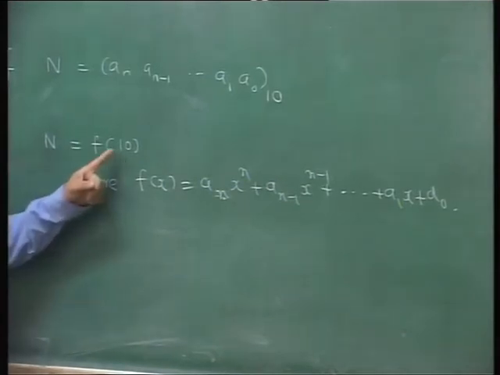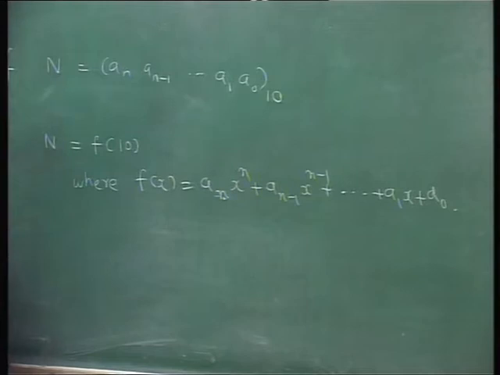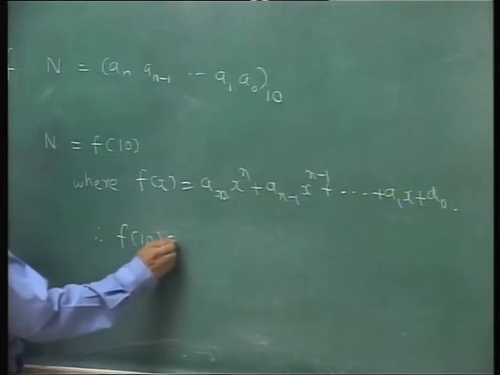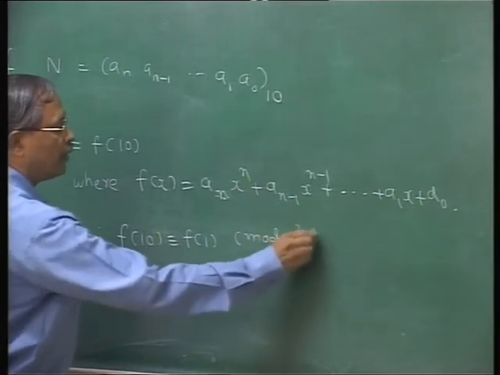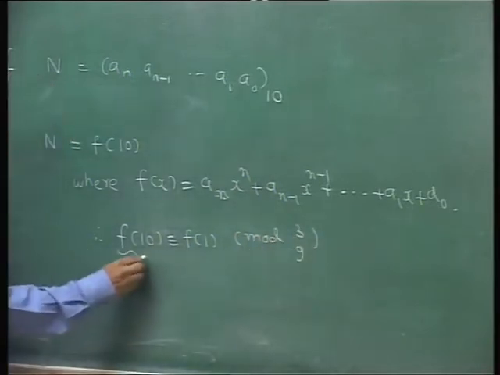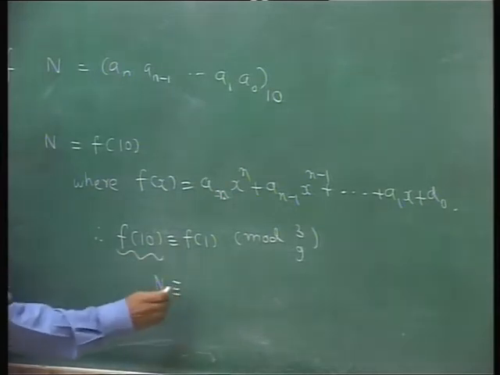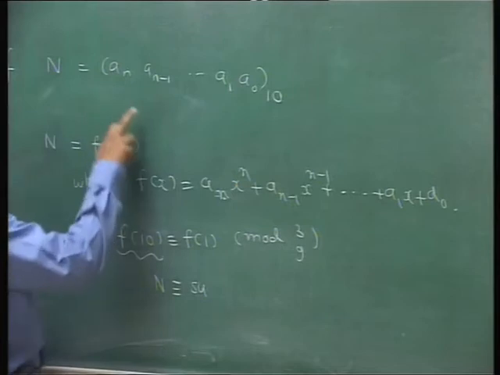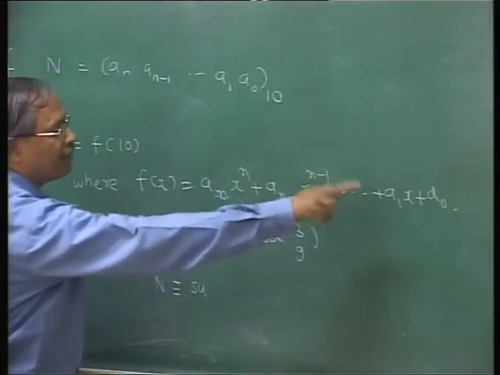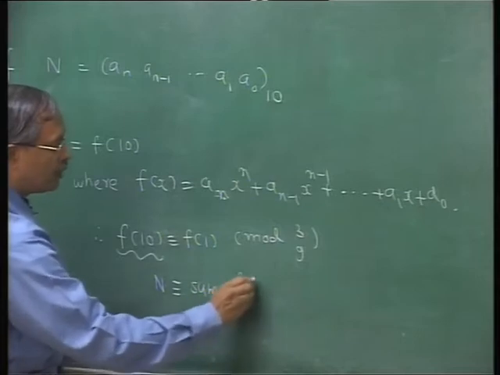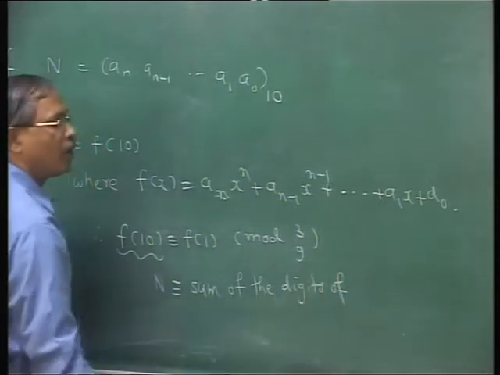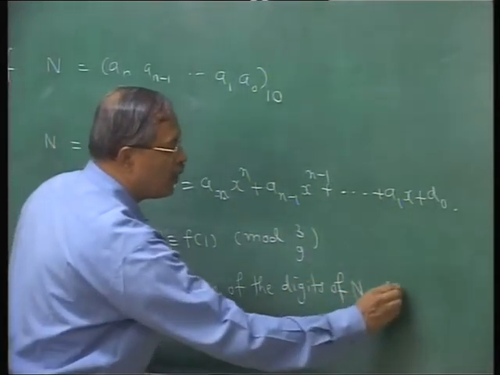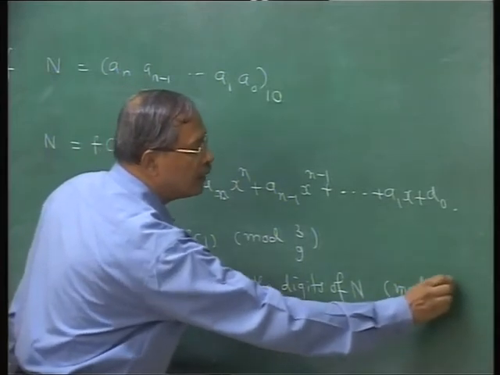And now 10 is congruent to 1 mod 3 or 9. Therefore, f of 10 is congruent to f of 1 mod 3 or 9, but this says the number n is congruent to f(1), which is a_n plus a_(n-1) plus etc. plus a_1 plus a_0, that is the sum of the digits of n, mod 9 or mod 3.